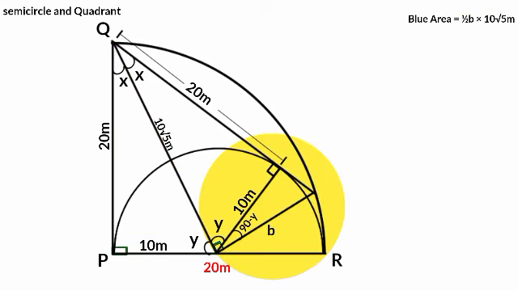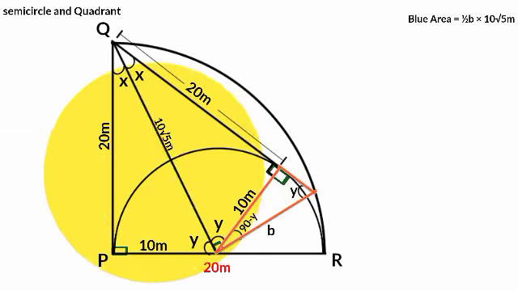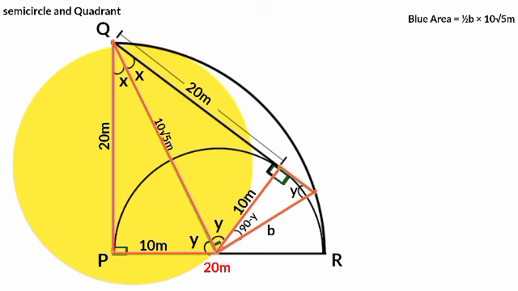Now if we come here, this angle is a right angle. That is, this triangle is a right angle triangle. So since this is 90 degrees, this must be y, because the two other angles of a right angle triangle that are not 90 degrees must sum up to 90 degrees. Now look at this triangle and this triangle. They both are right angle triangles and they have an angle y each.